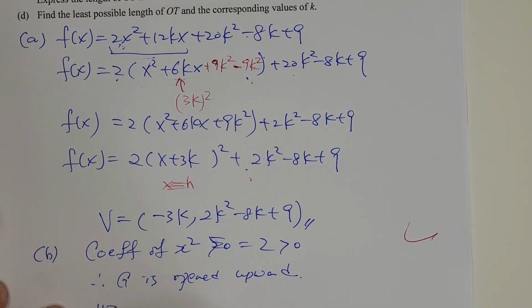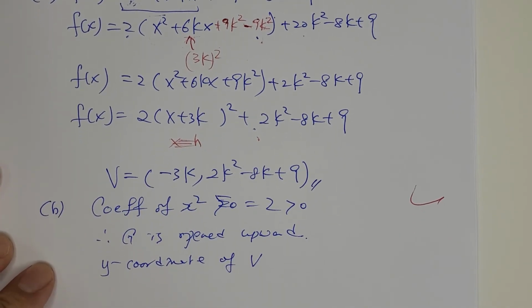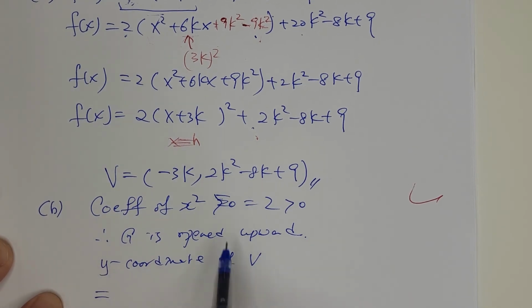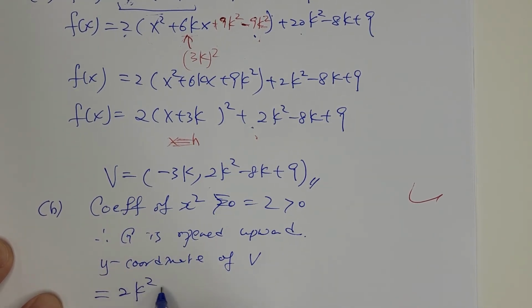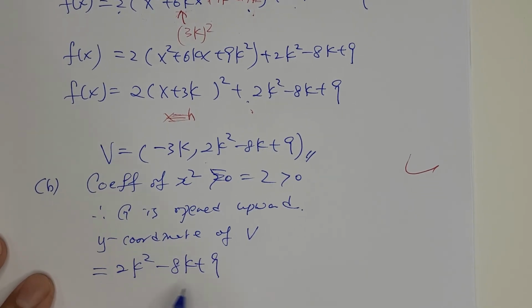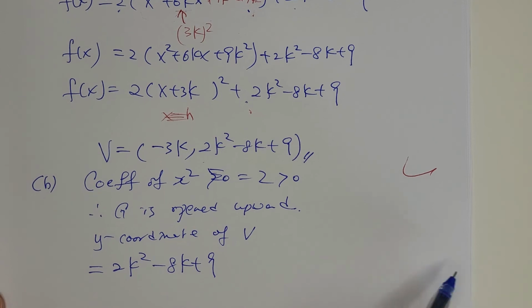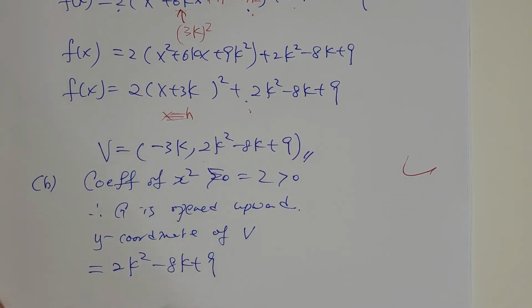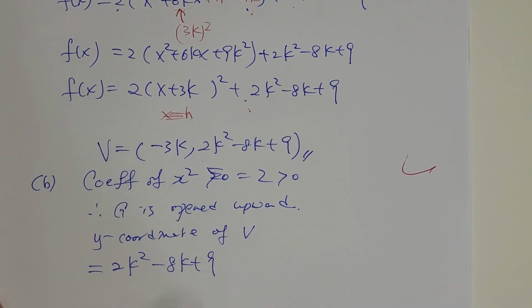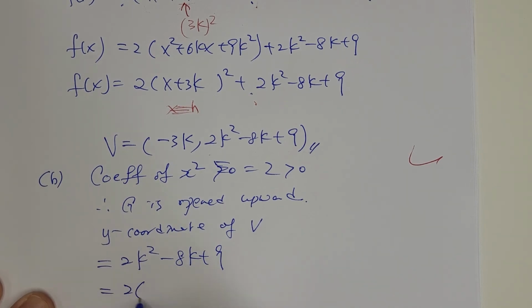Also, the y coordinate of V, the vertex of graph G, equals this one, right? 2k squared minus 8k plus 9. Again, you want this one to be always positive. What you can do, you want to check this minimum value. If you want to check the minimum value of the quadratic expression, use completing the square again. So there's 2 bracket, k squared minus 4k.